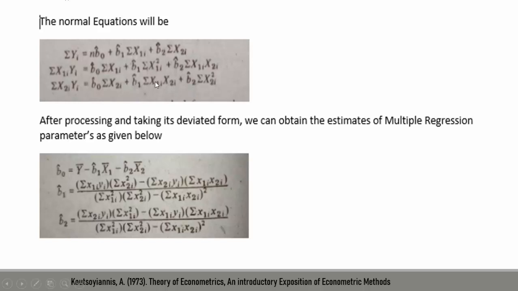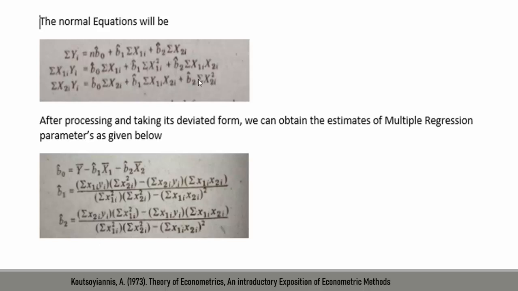You remember that we derived two normal equations in the case of the simple linear regression model. By solving these equations, just as we did in the case of the linear regression model, we can get the formulas for the calculation of b0 hat, b1 hat, and b2 hat. But in terms of the capital Xi's, we will get two lengthy formulas which will be very difficult for students to use and to calculate the estimates.